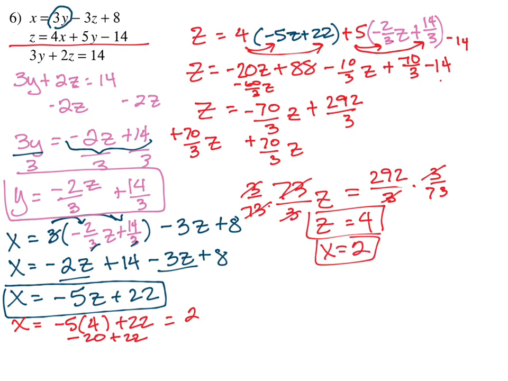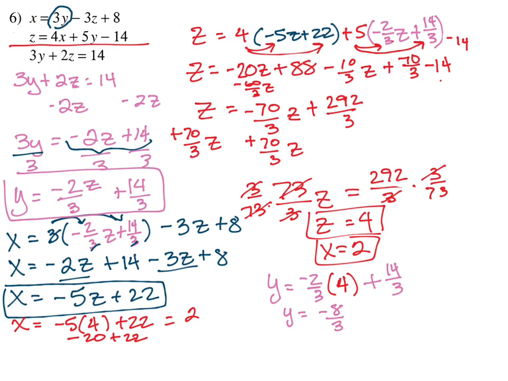Where else could we plug it in? Into that y equation, into that pretty pink one. Y is equal to negative 2 thirds times z, which is 4, plus 14 thirds. More thirds. What's negative 2 thirds times 4? Negative 8 thirds, good.